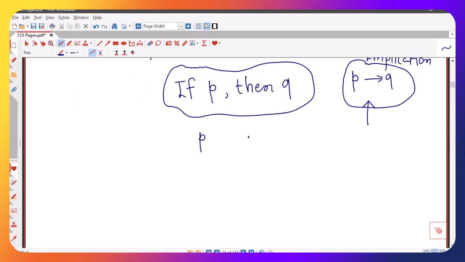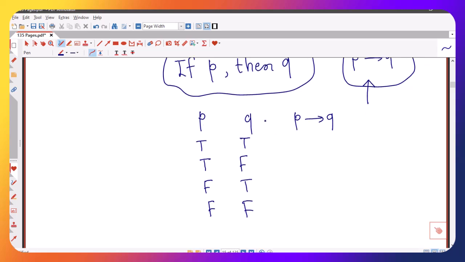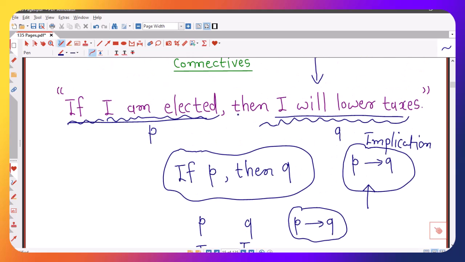Whenever we have this type of conditional statement, we are interested in the truth value of this implication. For that, first we understand it in this way. Suppose I am writing P here, Q, and I am interested in the truth values of this implication P→Q. As we know, for two propositions we have these possibilities: TT, TF, FT, FF. Now, if P is true, that is, I am elected, then Q is also true, that is, I will lower taxes.